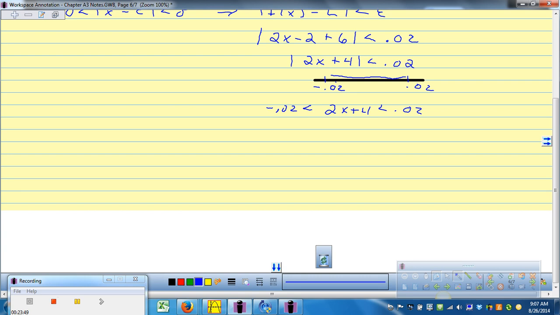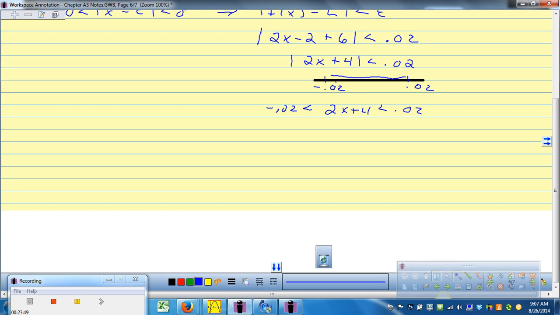So whatever is in here has to come out to be less than 0.02 or greater than negative 0.02. When I take the absolute value of that, it's still going to be less than 0.02. So it can be anything. We haven't solved for x yet, but whatever is in here can fall anywhere between those two. So now we'll solve for x, the x that makes that happen.